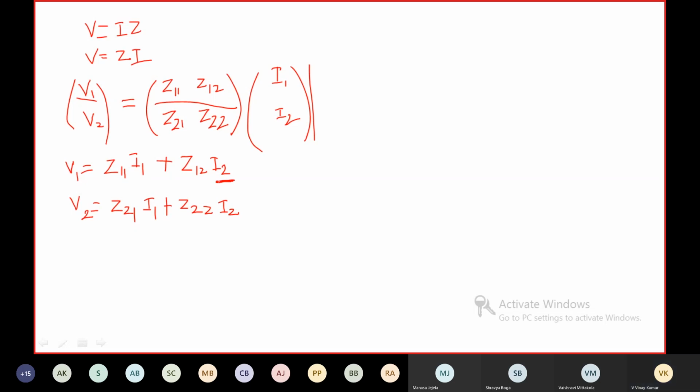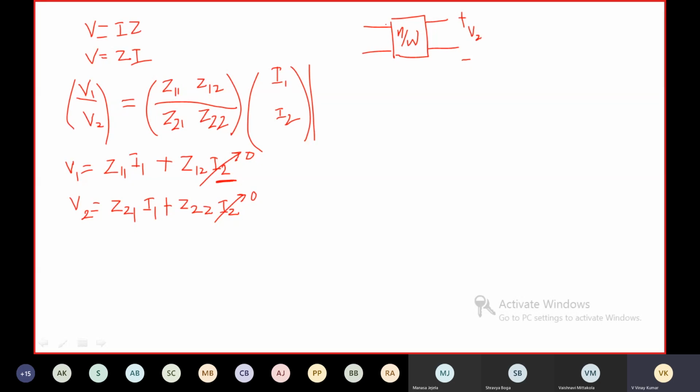Let me make this current I2 zero. This is the actual network, with port 1 and port 2.